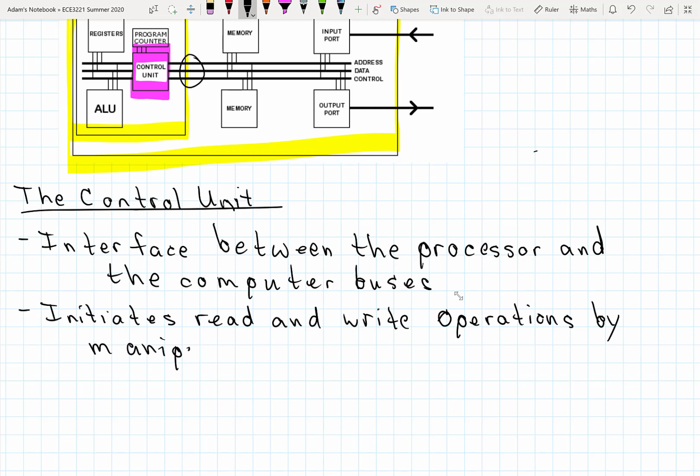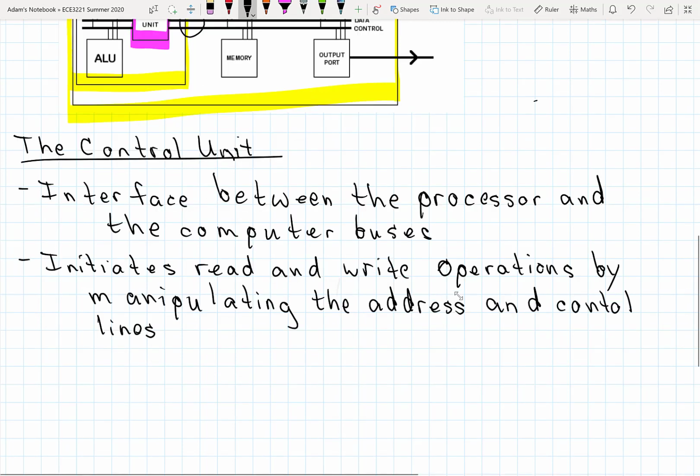Okay, so it's this unit that makes sure we have the correct address and the correct signals on the control lines, depending on whether we're doing a read or a write, or whatever the case may be.